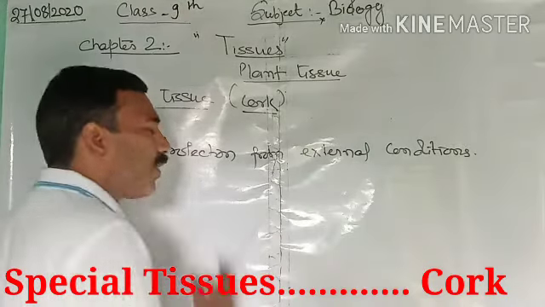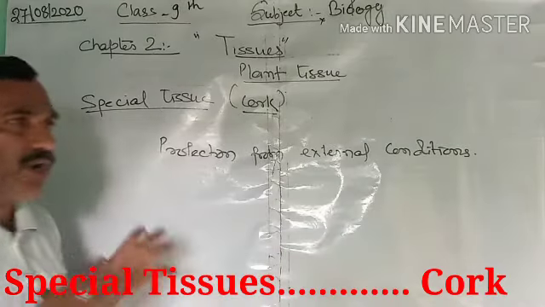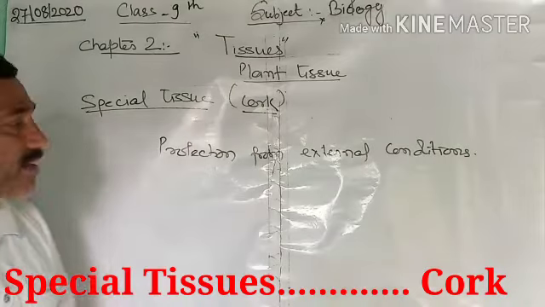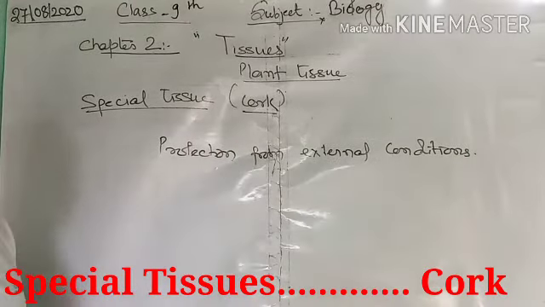So not only protection, this cork cambium also has perforations which lead to the exchange of gases or substances.